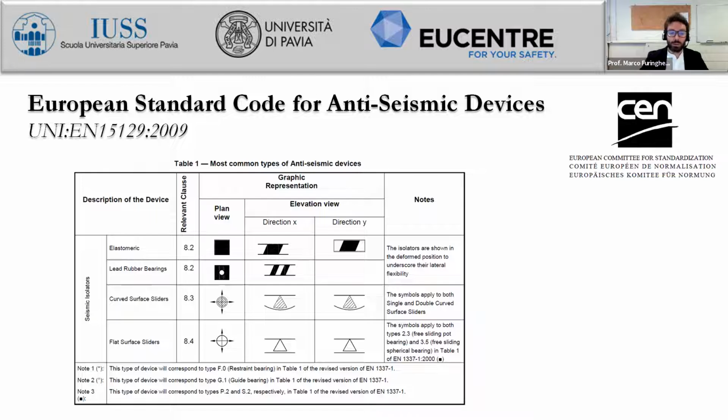But actually there is also a compatibility issue due to the vertical motion, because curved surface sliders lead to the pendulum motion, as we have seen yesterday. So there is a vertical motion provided by the spherical shape of the sliding surfaces, whereas flat sliders provide motion with zero vertical displacement. So if you use both of them in the same structural system, you will induce some extra internal forces due to compatibility, so the changing differential displacements at some points.